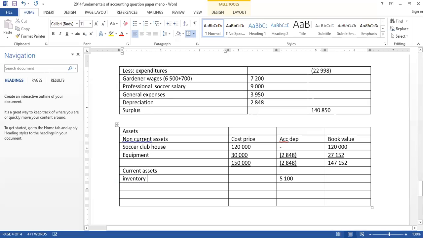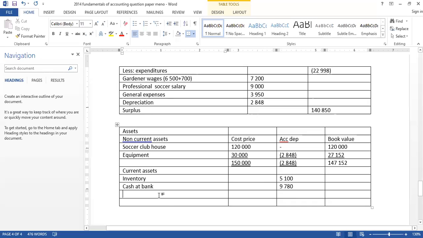Okay, what other current asset do we have? Cash at bank. We have cash at bank of 9,780. What else?